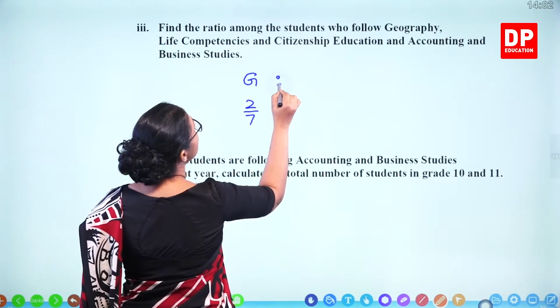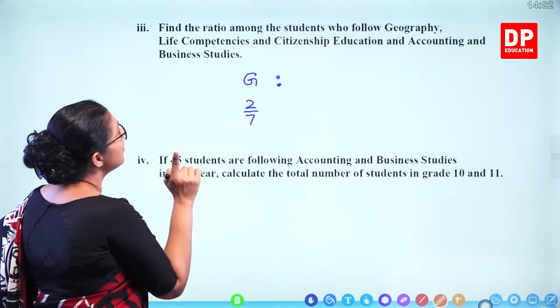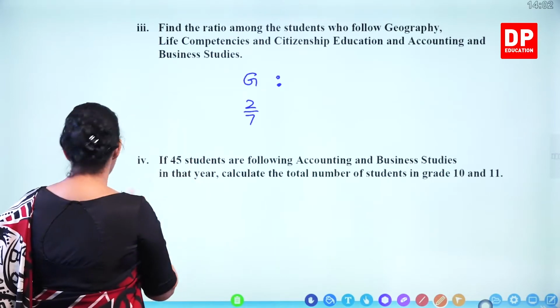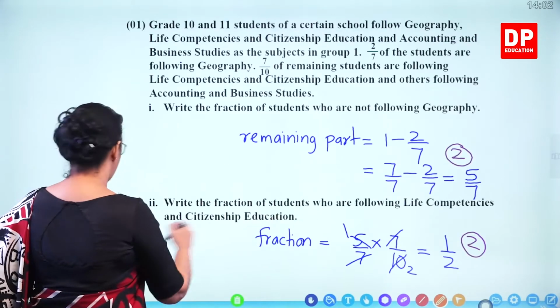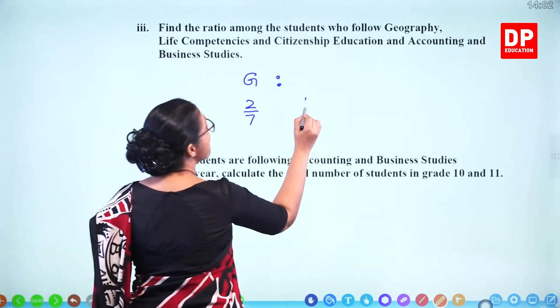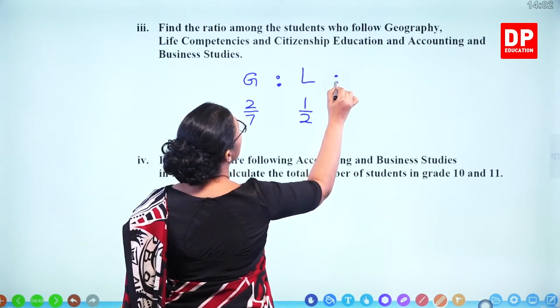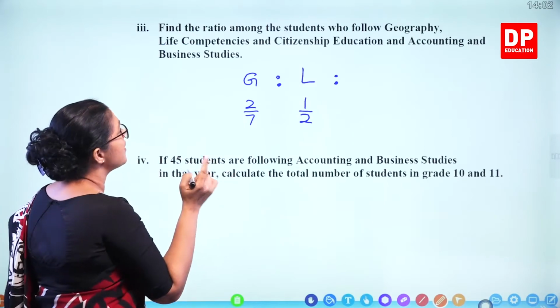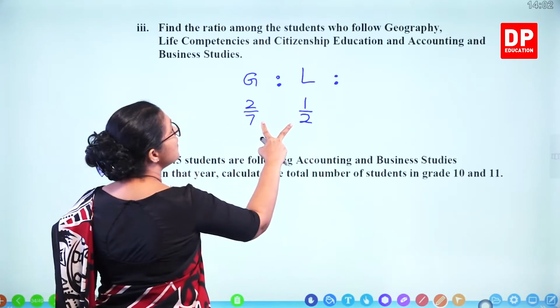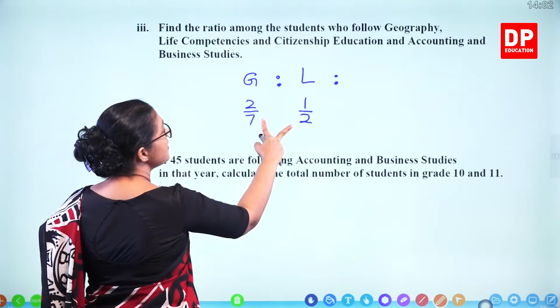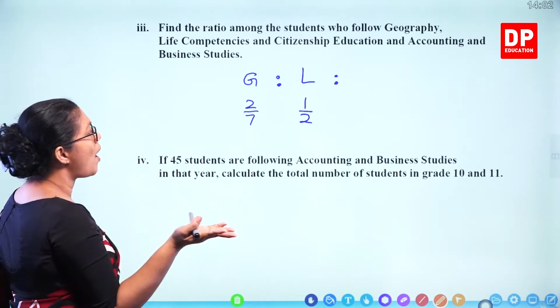What about the next one? Life competencies, that's half. I'll put L. And what's the other part now? You can find the other remaining part by adding these 2 and subtracting from 1.